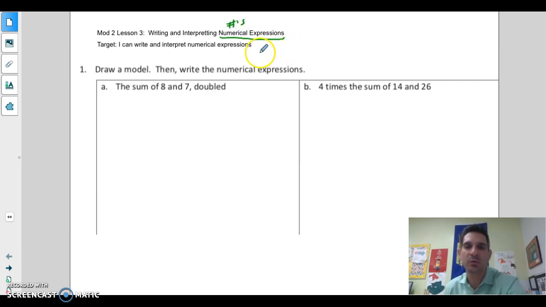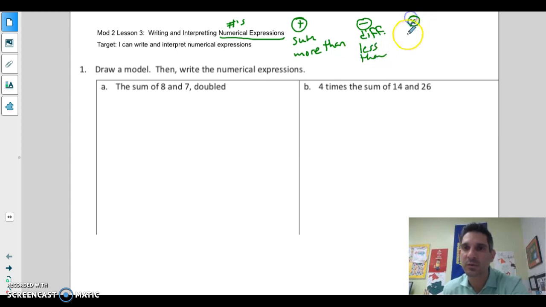A couple things that we're going to go over before we start doing this is vocabulary. When we're talking about adding, we're going to see the word sum, and words like more than. Subtraction, the word is difference, less than.